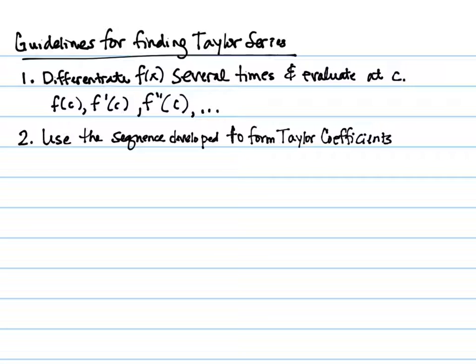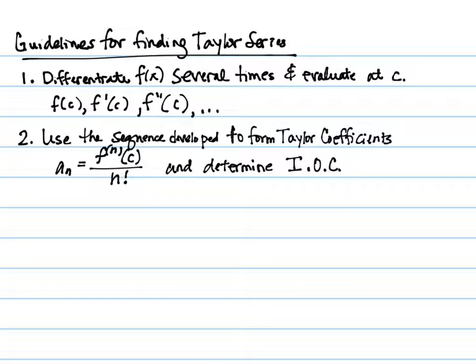Right, and those Taylor coefficients are the a sub n's, right? So a sub n is the nth derivative at c over n factorial. And we need to determine, just like before, the interval of convergence. And the last thing is to put the sequence together and simplify it if possible.